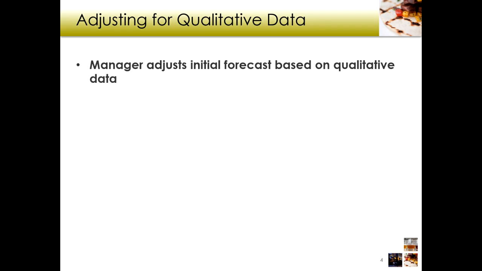So once we have that number, we can adjust our initial forecast based on qualitative data. Remember, qualitative data was things that are happening outside, right? Or inside, right? We can have a promotion going on. We can have bad weather. We could have a convention in our hotel that's increasing our numbers, right?